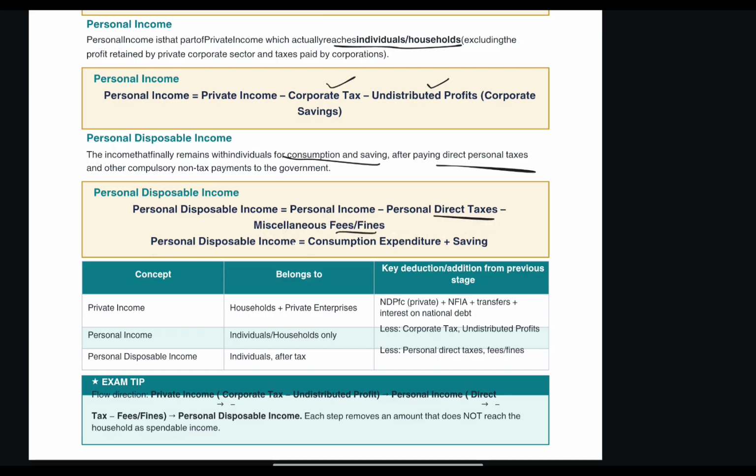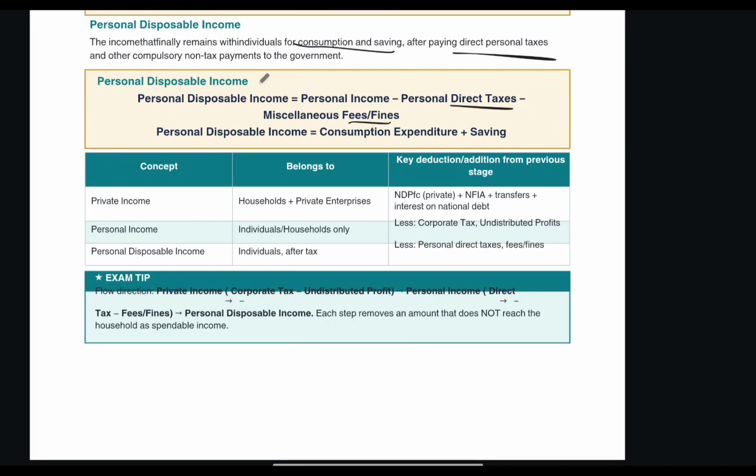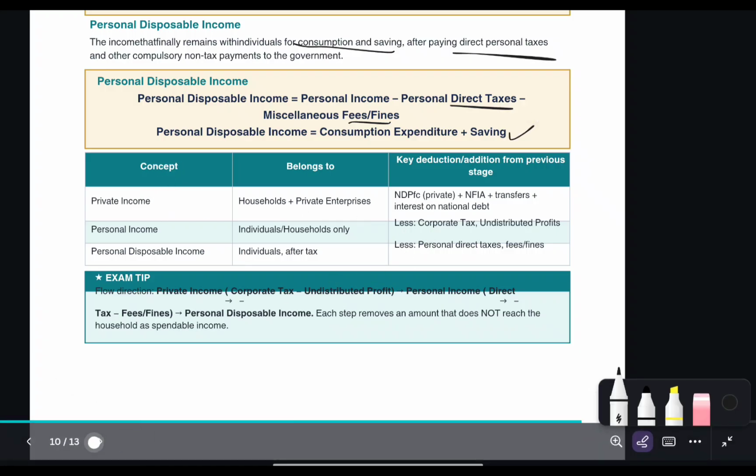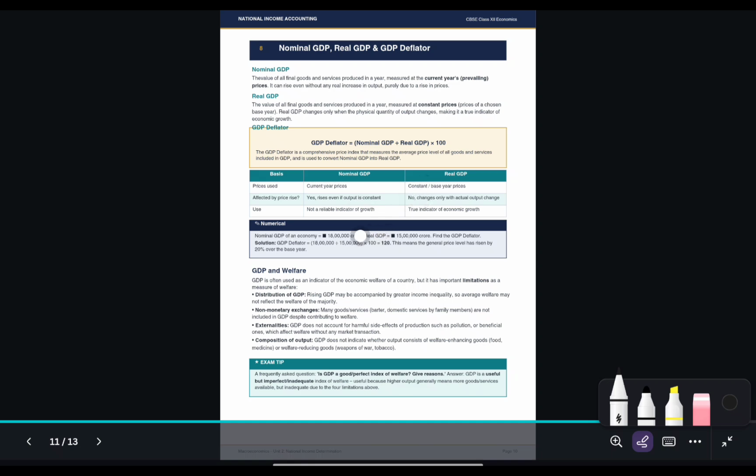That is personal disposable income, the income which remains with that individual for their private consumption. And how can we calculate it? We can calculate it by consumption expenditure plus saving. So we have done all these formulas.